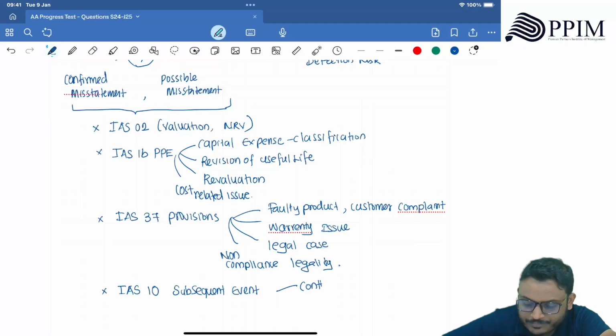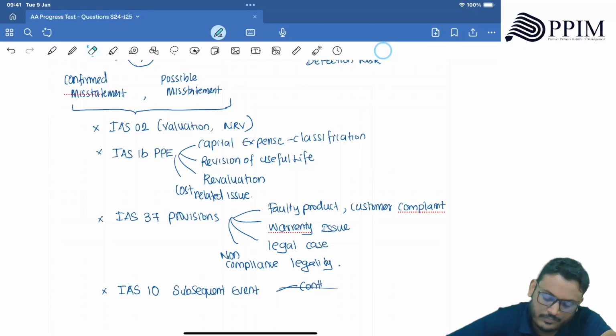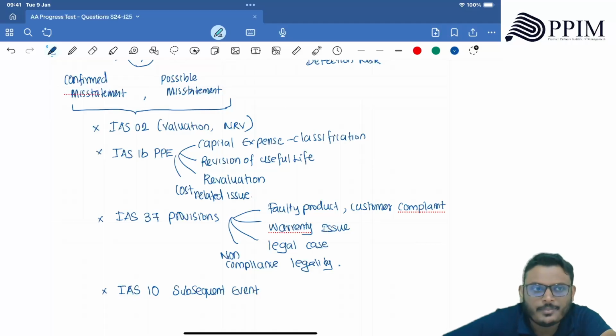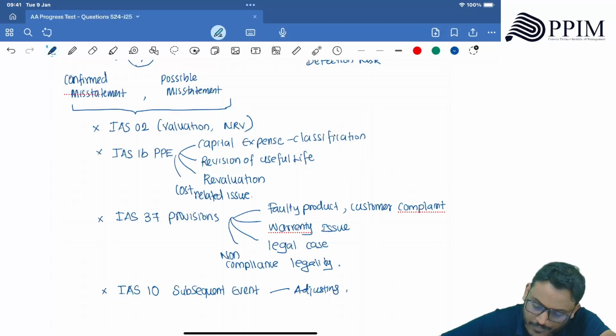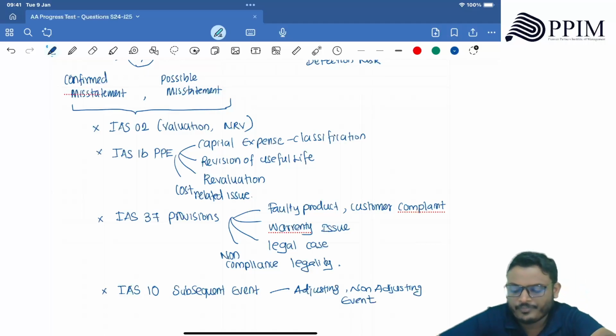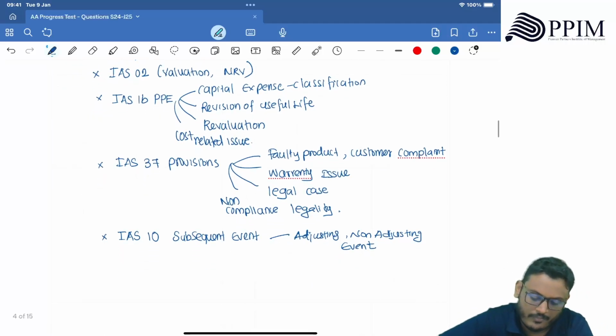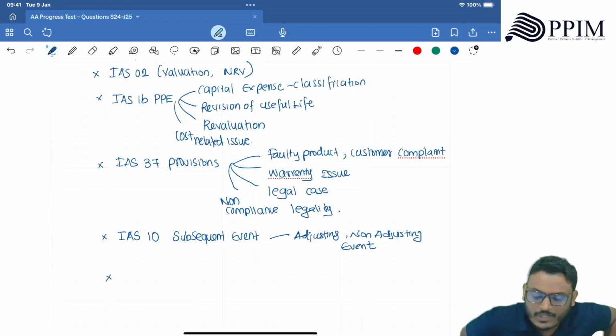Especially IAS 10 subsequent event, adjusting or non-adjusting event. So that is about IAS 10.